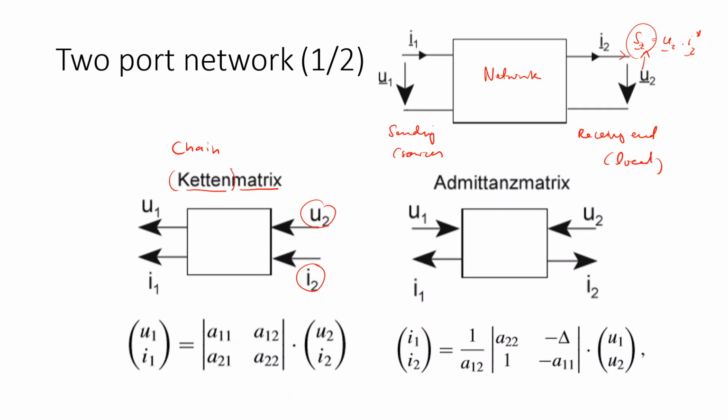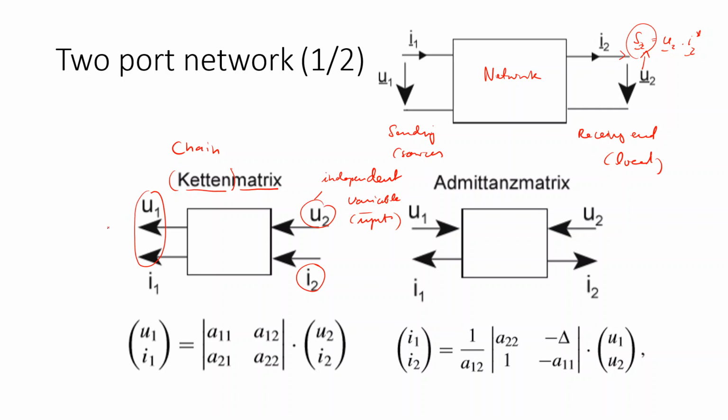In terms of mathematics, U2 and I2 are independent variables, or if it is a function, they become the input, because knowing these, you could compute the other ones.